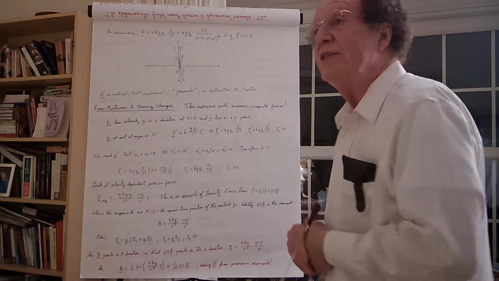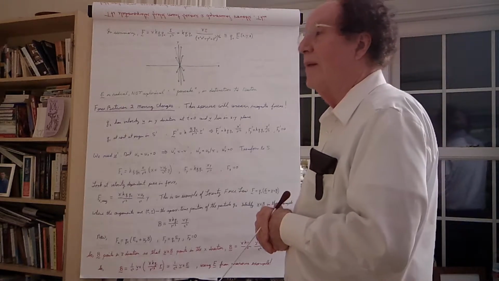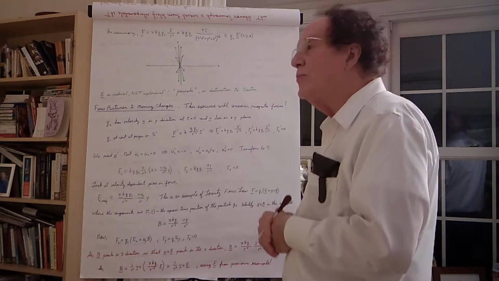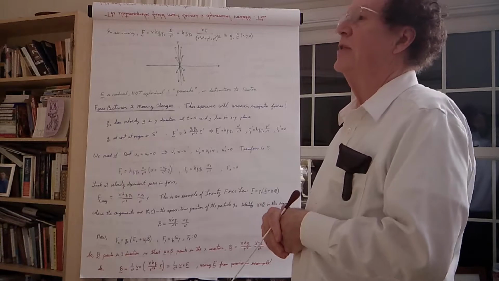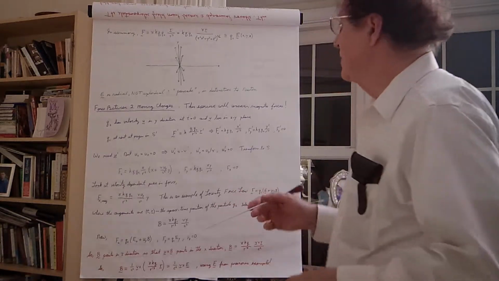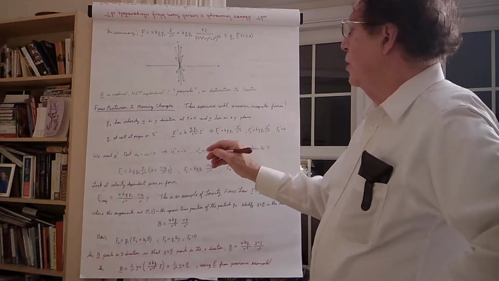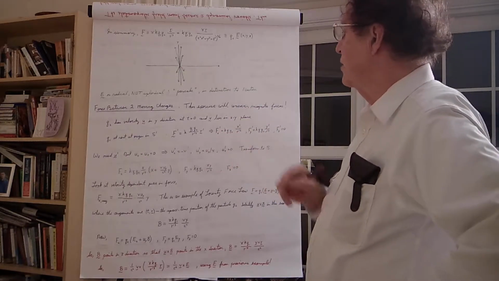That's easy to do once I know what u is in the frame S. I can get it just by boosting, just by the addition of velocities, and that's particularly easy. In this particular case, u in the x direction is 0.